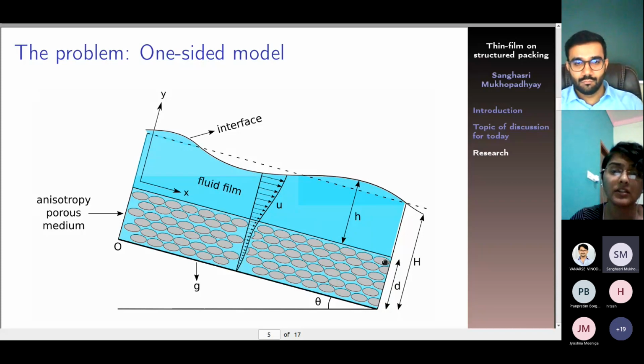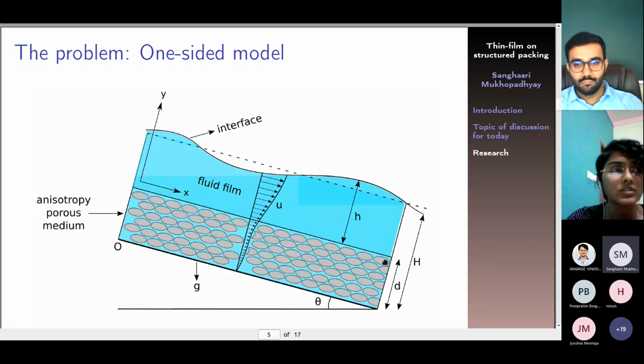We have taken the thickness of the porous medium to be a small d, and capital H is the entire thickness of the continuum, which includes the thickness of the porous medium and the thickness of the liquid film flowing over it. We have also taken the porosity of the medium to be constant.